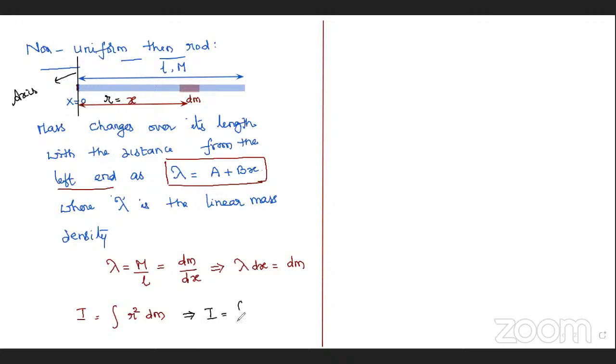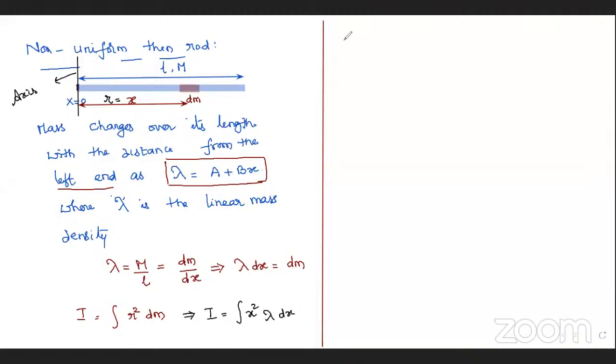Then happily I can substitute here the two terms. I is equal to integral r square, meaning x square, into dm. From the above equation, I write lambda dx. Able to follow this step, what I wrote? Okay, good.